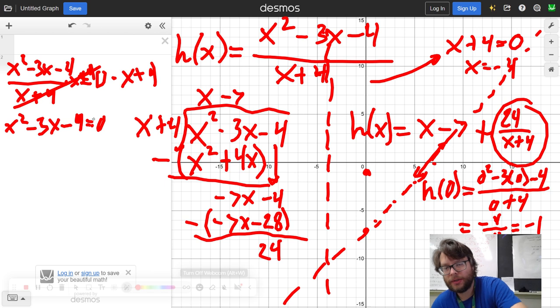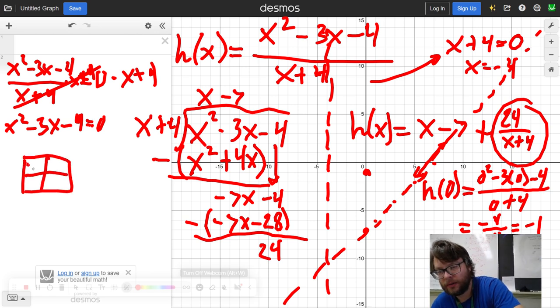But now you have a quadratic. So you got to factor that quadratic. A lot of you guys are using the area models. Some people are able to just do it by thinking about the numbers that multiply to make negative 4 and add to make negative 3. So it turns out to be negative 4 and 1.